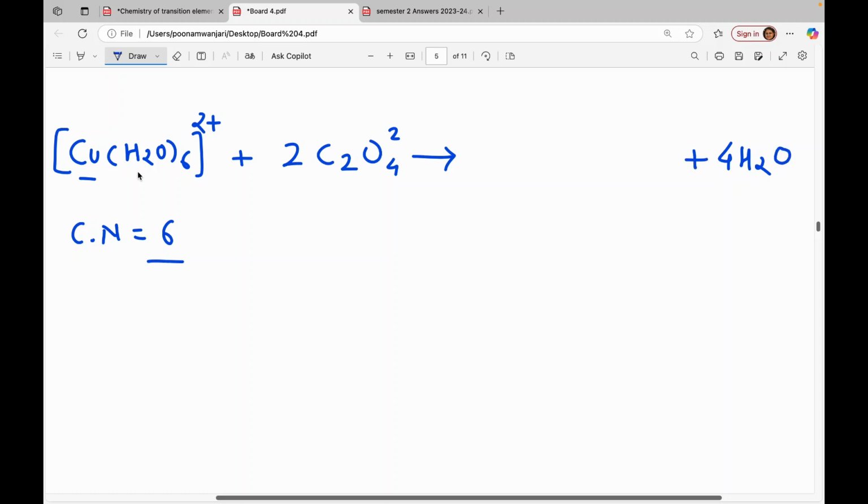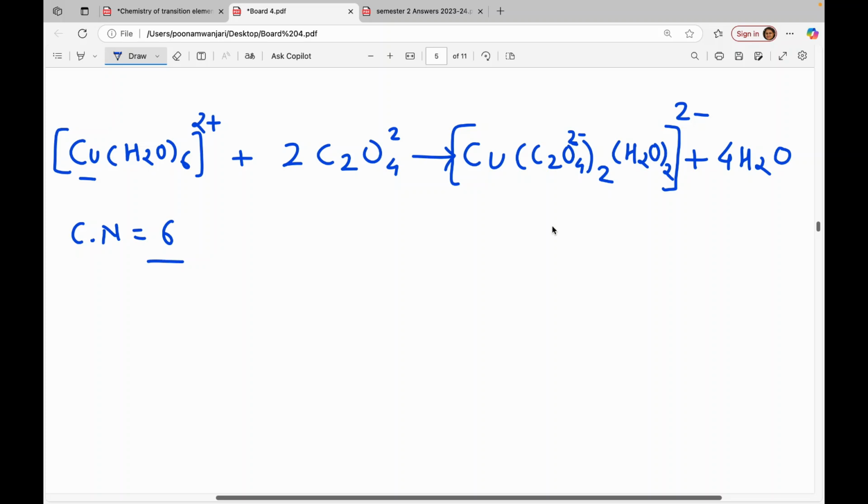Now if 2 ethanedioate ions are replacing 4 water molecules, we have copper, (C2O4)2 2-, and if we are removing 4 water molecules, that means there will be 2 water molecules still there, and this is our complex ion. So if you calculate the charge, you will get 2-.